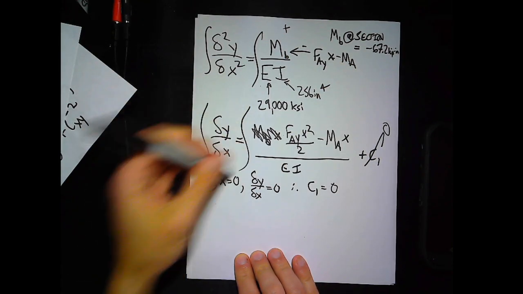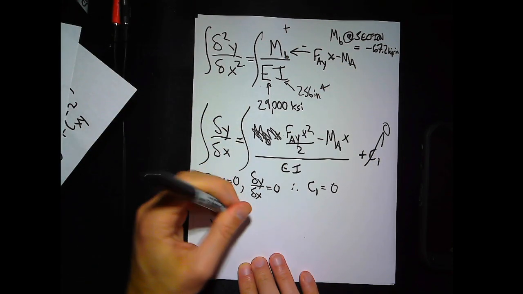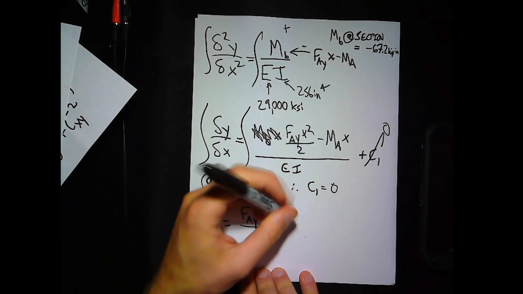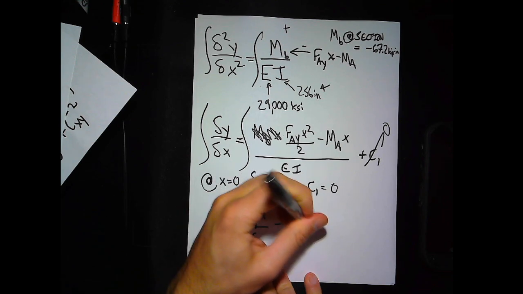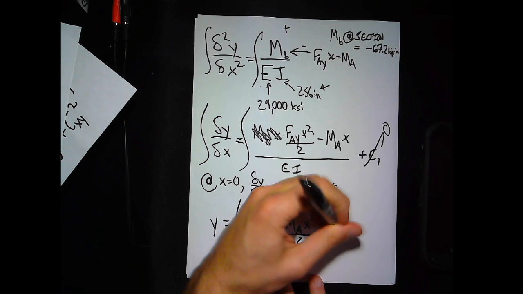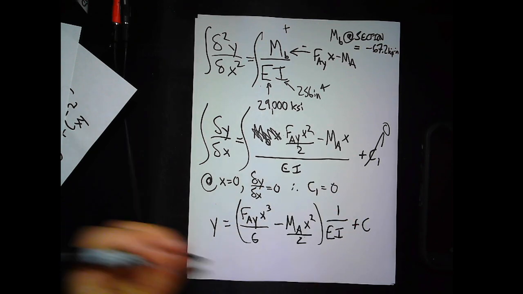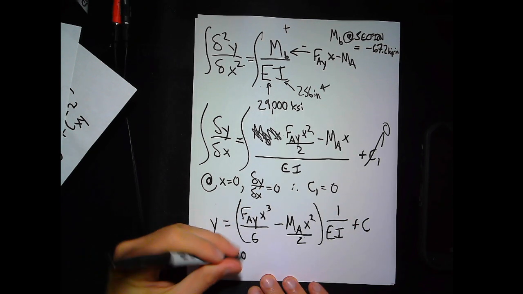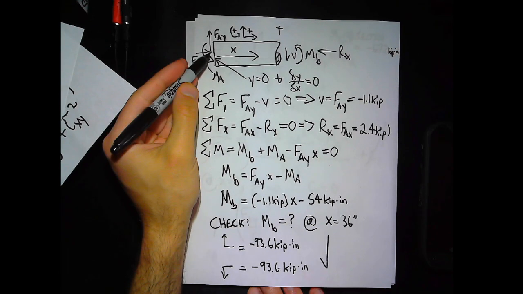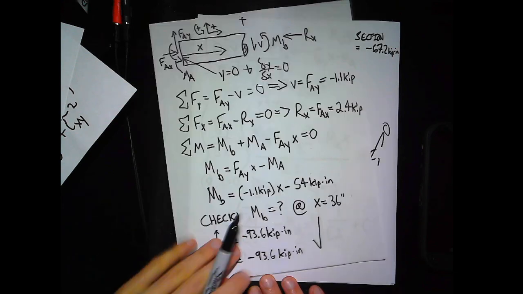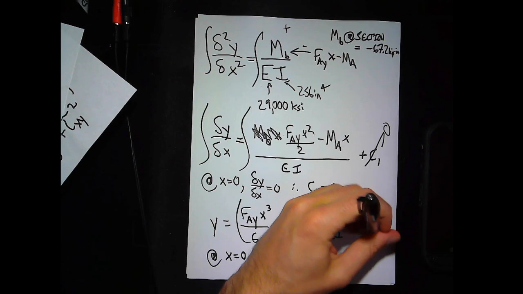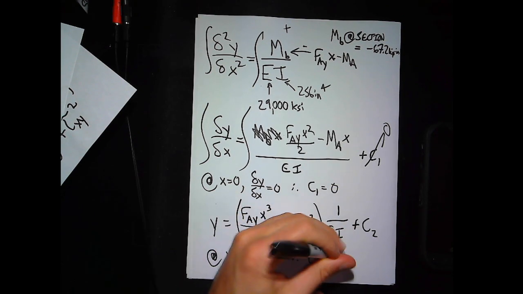So integrate again. I get y equals FAy x cubed over 6 minus MA x squared over 2, over EI plus another constant. Again, I know at x equals 0, y equals 0 for this beam, because again, it's fixed to the left-hand side where I measure x from. Therefore, C2 equals 0.